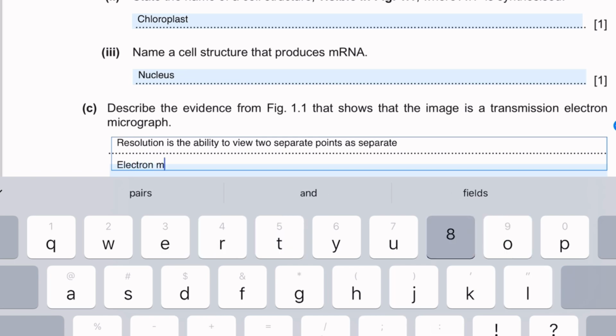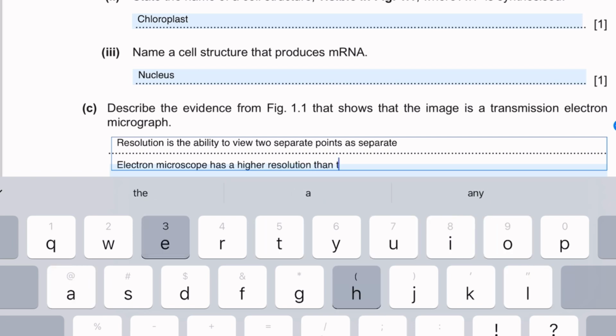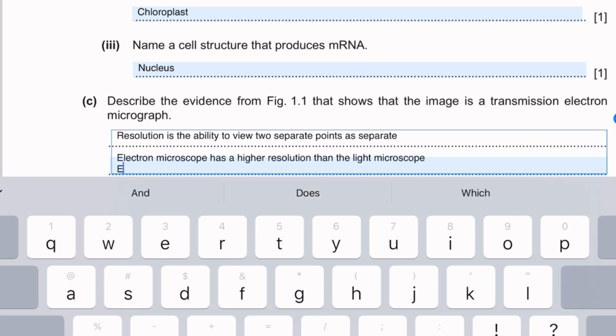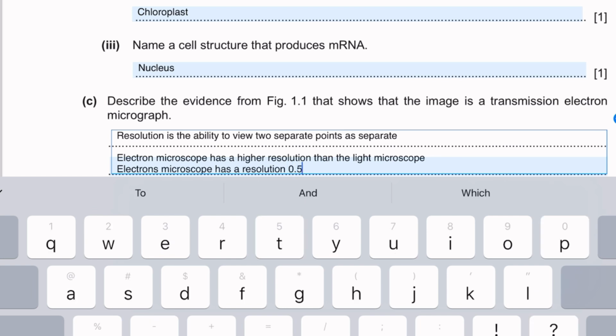Electron microscope has a higher resolution than the light microscope, and you can also write down the numbers if you want, where the electron microscope has a resolution of 0.5 nanometers. So anything that's further than 0.5 nanometers apart will be seen, like the membranes, which are 7 nanometers apart.